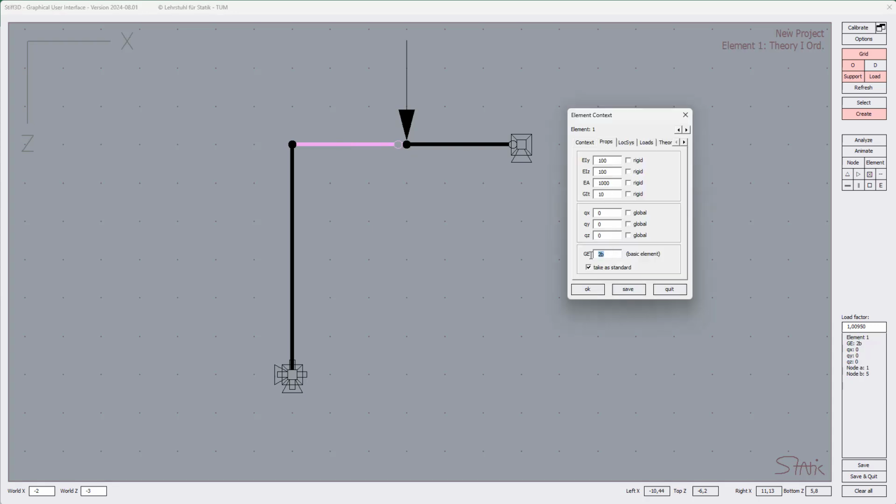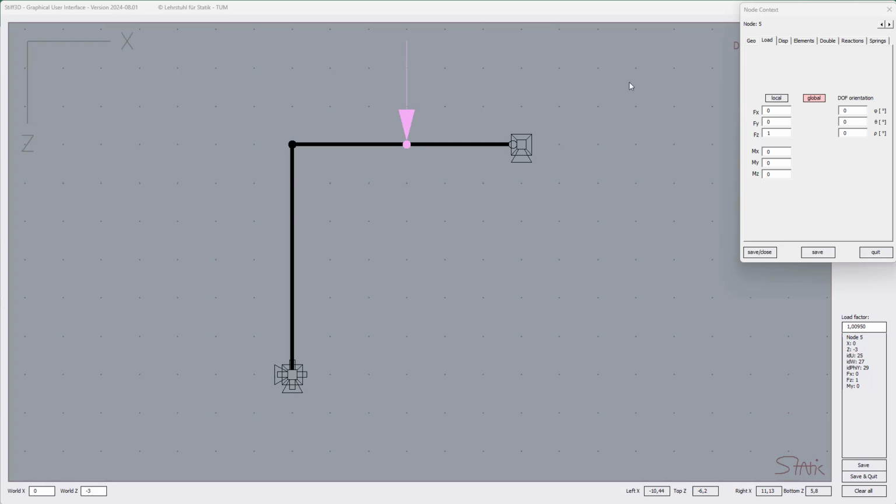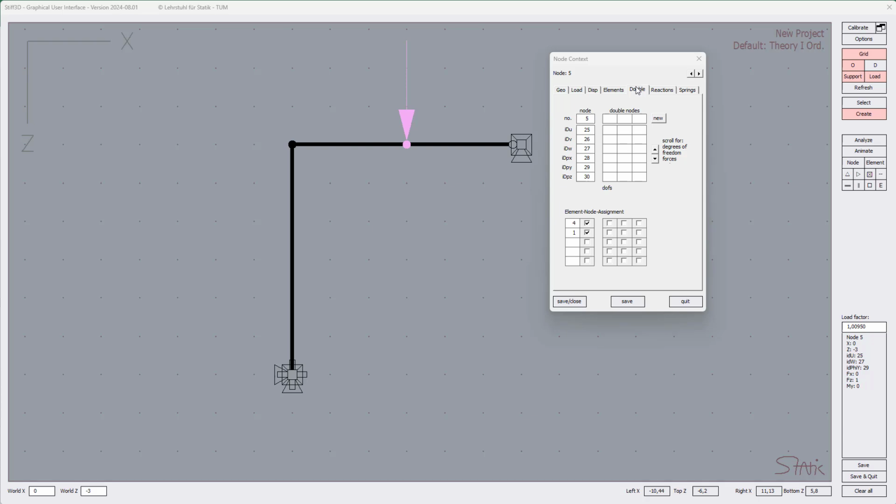I just go back into Grundelement 1, basic element 1, where we had just been starting. The next option, and that is one of the most flexible and powerful options, is to create a so-called double node. A double click on the node, and you see this tab double, and that means we're introducing another extra node at exactly the same position.